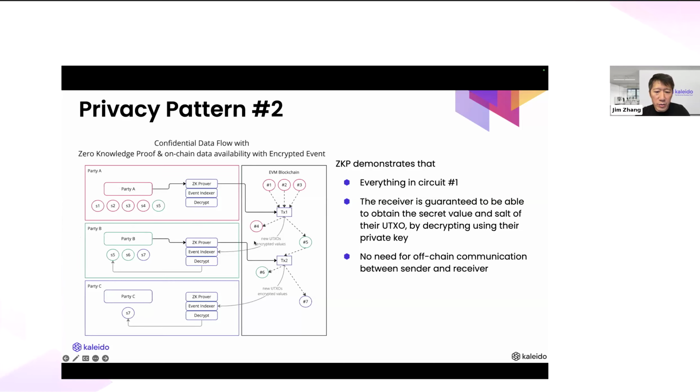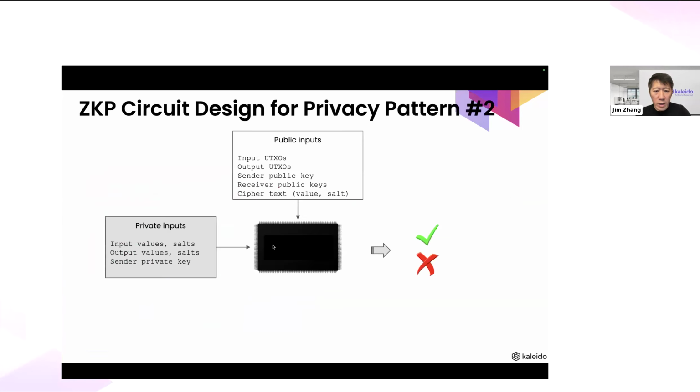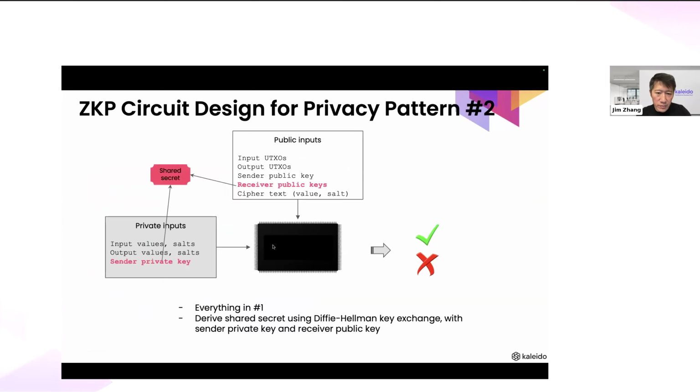And instead, the receiver can just take the encrypted values from the transaction and then decrypt from that to recover the secrets. So this is better in terms of the receiver is guaranteed to have the value available to them that they can decrypt to recover the secrets, and then they will be able to spend their UTXO. So our circuit will be a bit more complex now.